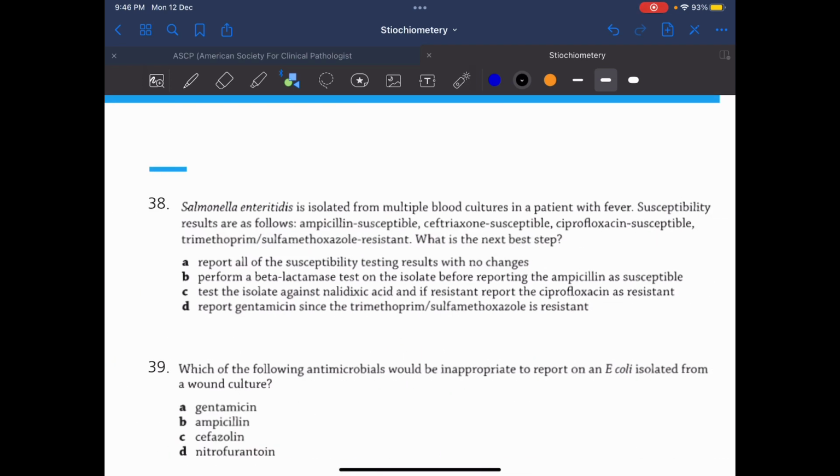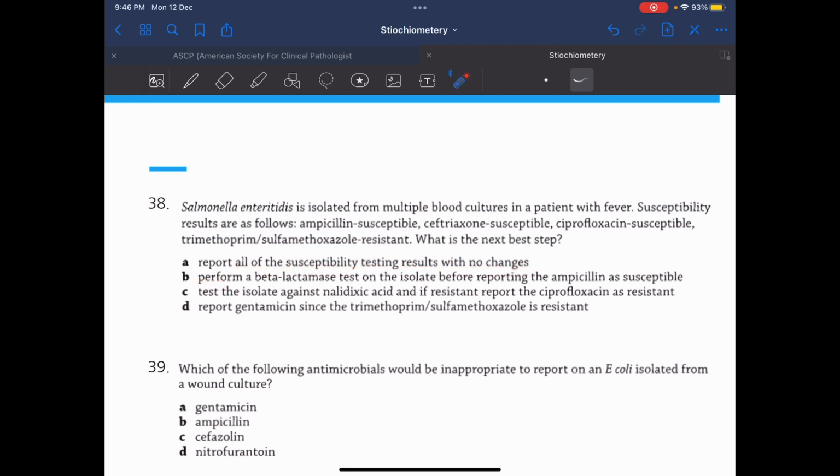Question 38. Salmonella enteritidis is isolated from multiple blood cultures in a patient with fever. Susceptibility results are as follows: ampicillin susceptible, ceftriaxone susceptible, ciprofloxacin susceptible, trimethoprim-sulfamethoxazole resistant. What is the next best step? Report all the susceptibility testing results with no changes.